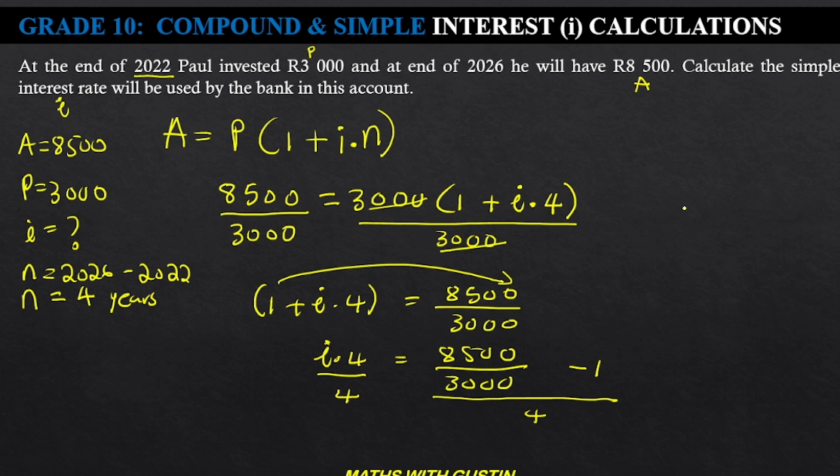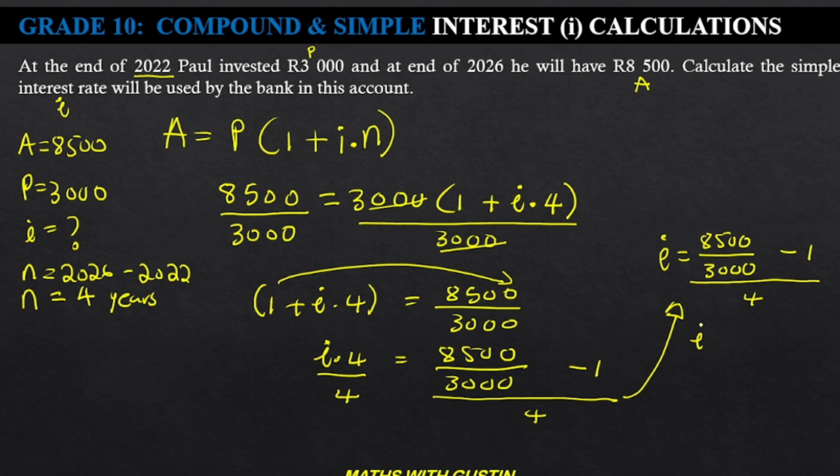So we are going to be left with I equals 8,500 divided by 3,000, minus 1, all over 4.